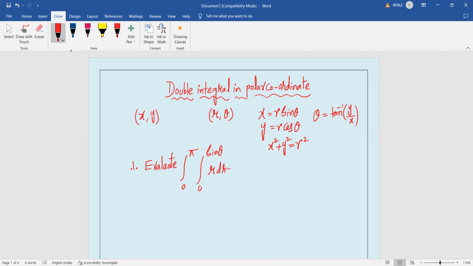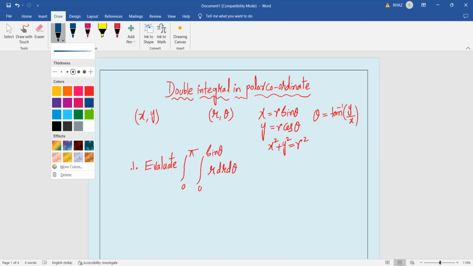The question is in terms of r and angle theta, right? Instead of x comma y, we have the r comma theta format here.